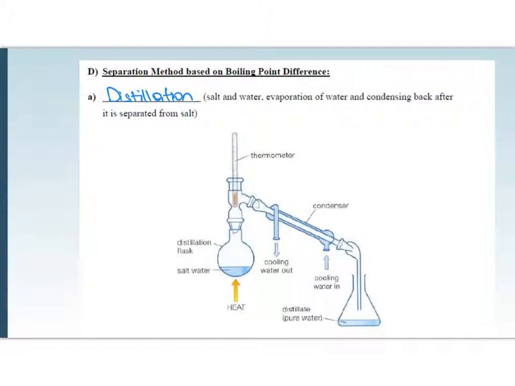So when the vapor meets the cold area, it is going to be condensed. So here you have the water vapors, and you have water drops here. After a while there's going to be salt only here and water only here. This method is called condensation.